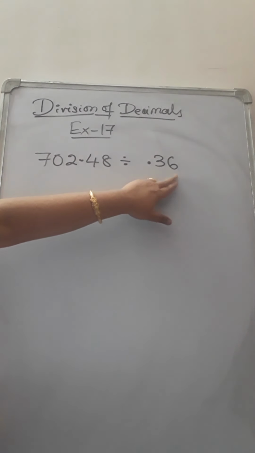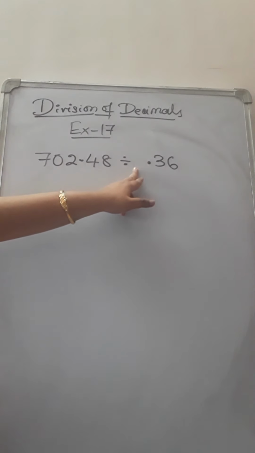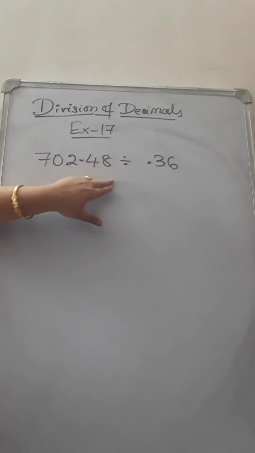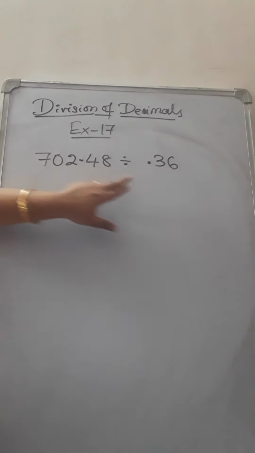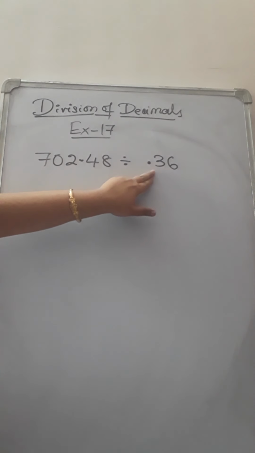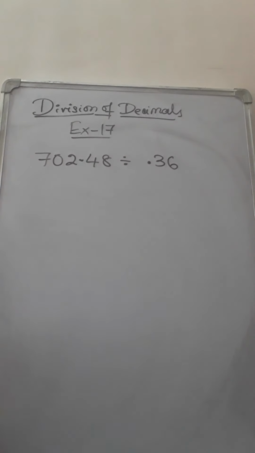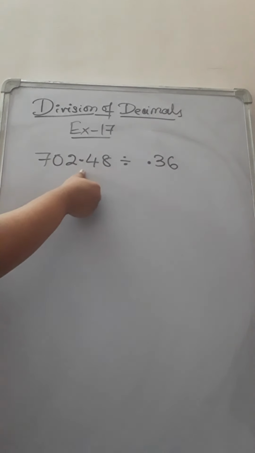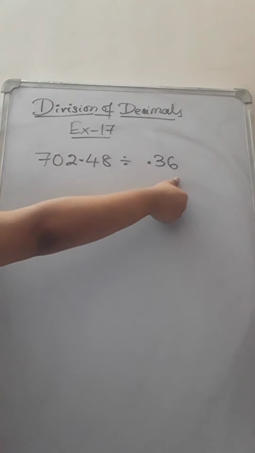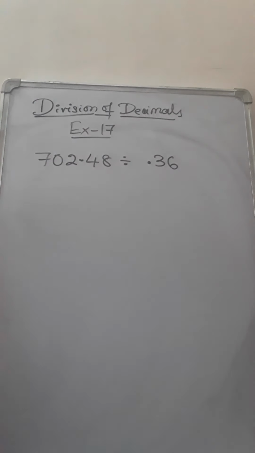In the divisor also before 2 places you have the point. So if the point is placed before an equal number of decimal places, what to do? We can neglect the points.